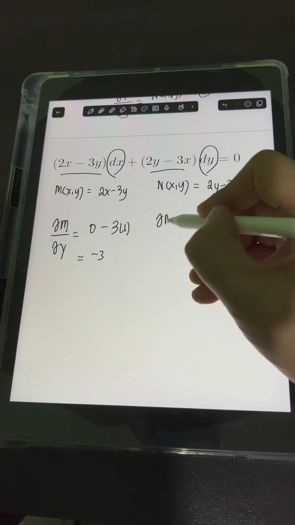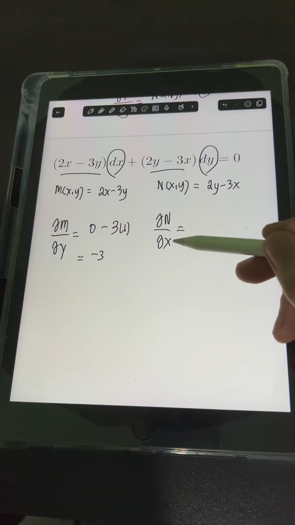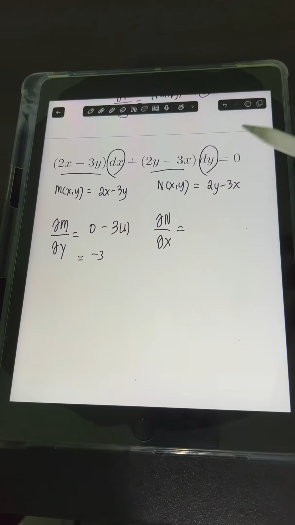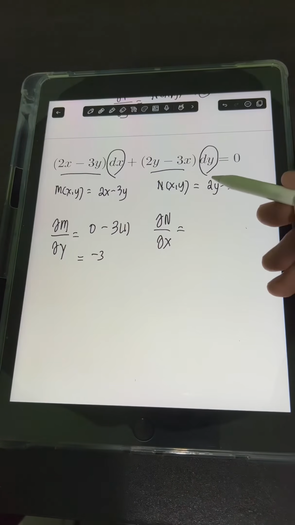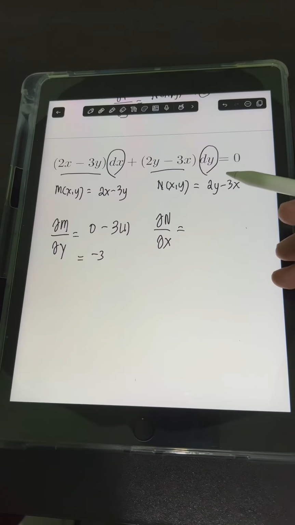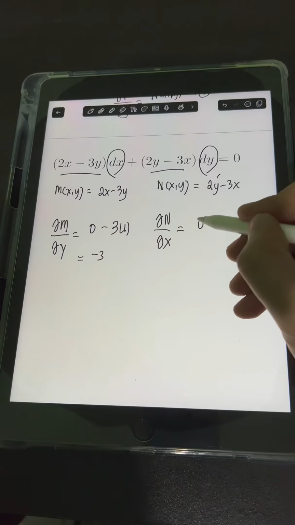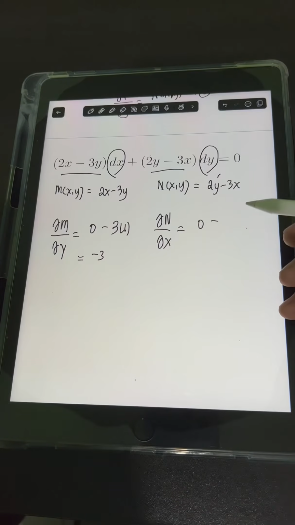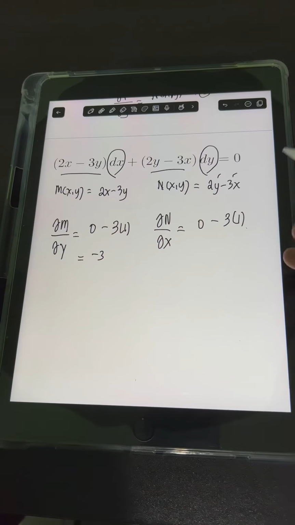Now let's try to find the partial derivative of N with respect to x. When we say partial derivative of N with respect to x, it means that we will treat all the variable y as constant and differentiate all the variable x. So for the derivative of 2y - 3x, for 2y, since it's just a constant, its derivative is 0, minus, for the derivative of 3x, we will have 3 times the derivative of x, which is 1.